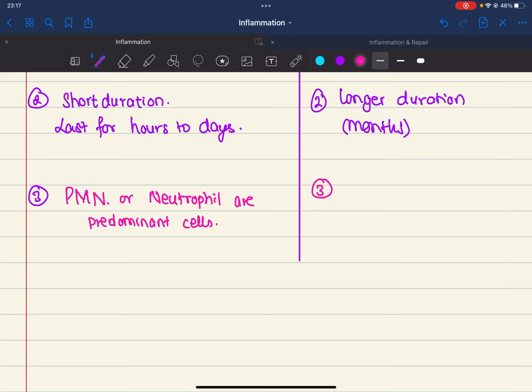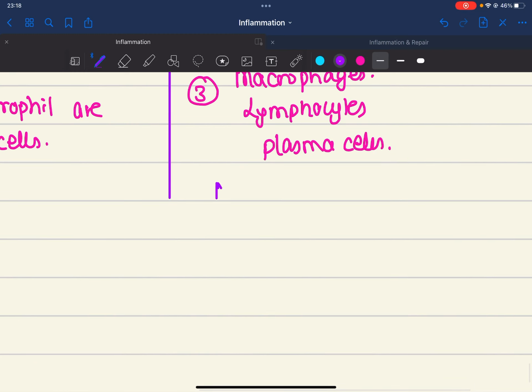The predominant cells in chronic inflammation are monocytes or macrophages, lymphocytes, and plasma cells.